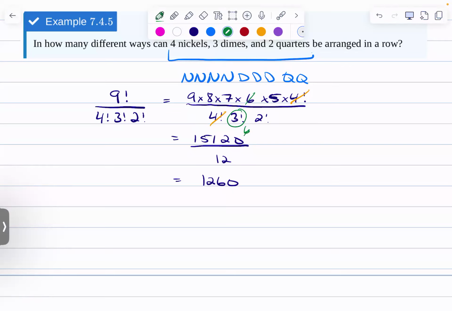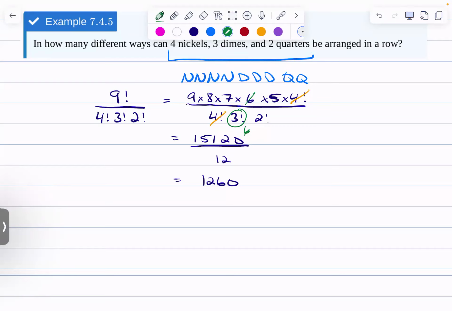Before I commit to an answer, do you mean saying that I know 3 factorial is 6 and cancel those? No, I mean, because you went 9, 8, 7, 6, all the way down to 4 factorial, and then you crossed out the 4 factorial. If I did 9 times 8 times 7 times 6 times 5 times 3 factorial and then cross out the 3 factorial from the top and the bottom, does that make sense?